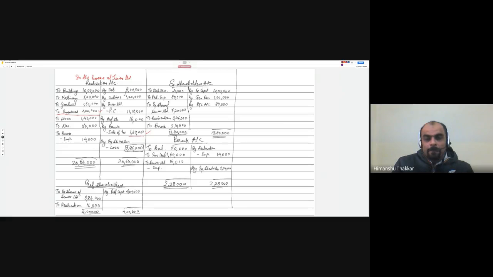If you don't include absorption expenses in the purchase consideration, it will not be shown anywhere in the books of Junior Limited. But if you show it in the purchase consideration, it will come here in the bank account twice. Once getting the money from Senior Limited and then paying the money actually.